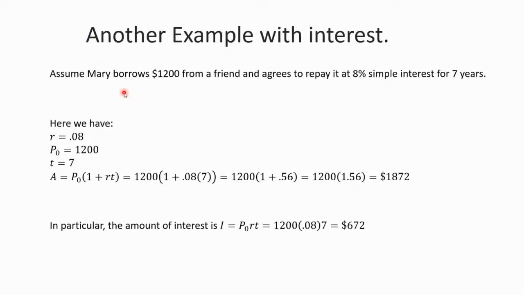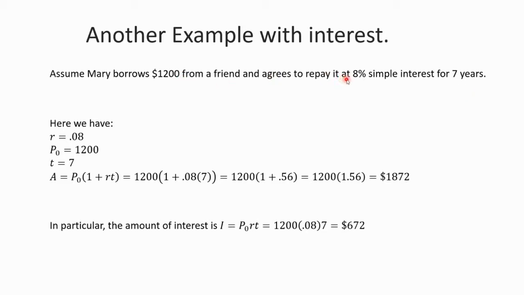Okay, so let's suppose someone named Mary, again, these names I came up with randomly, borrows $1,200 from a friend. And she agrees to pay back the friend at 8% simple interest for 7 years. Okay, so we're going to just use the formulas.